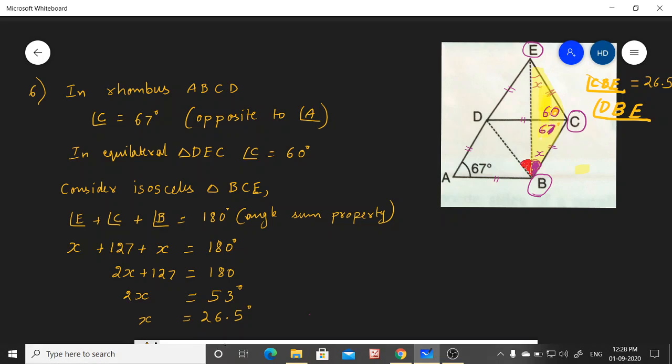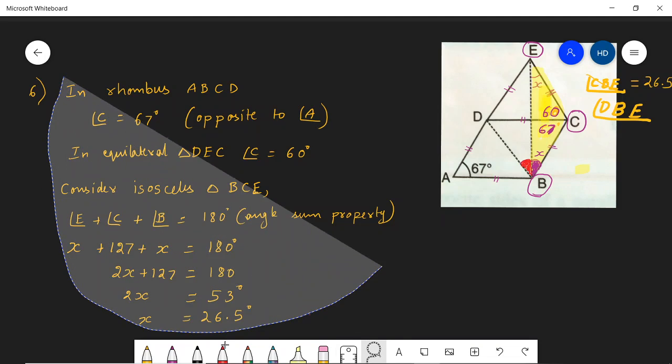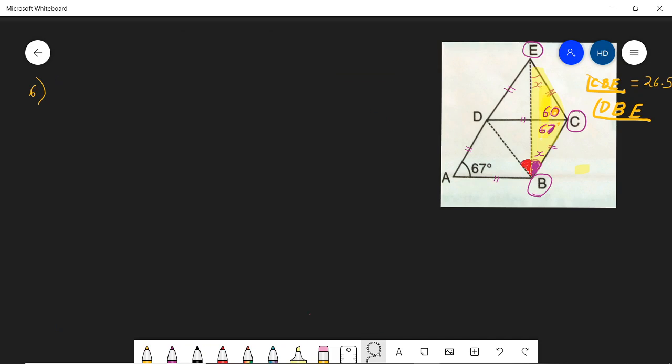Next, we need to find the other part, angle DBE, which I have marked here in red. For that, let me delete this. In the triangle, first I'll choose triangle BDC.